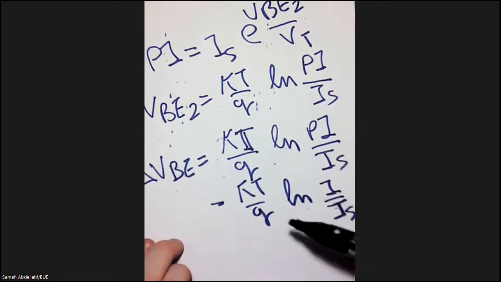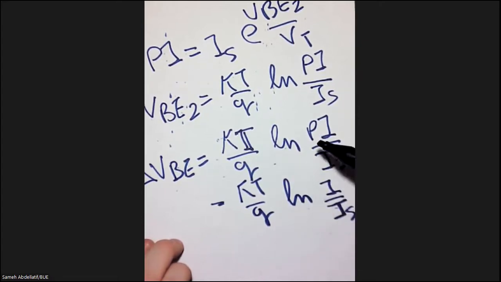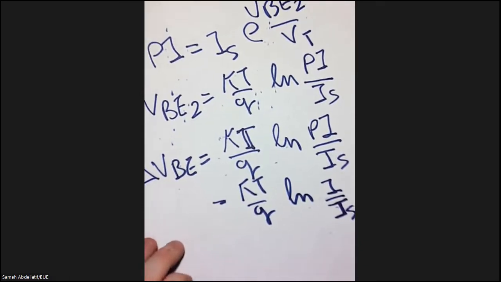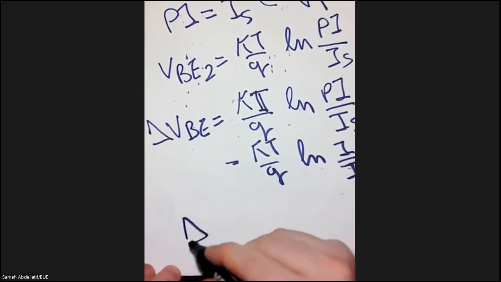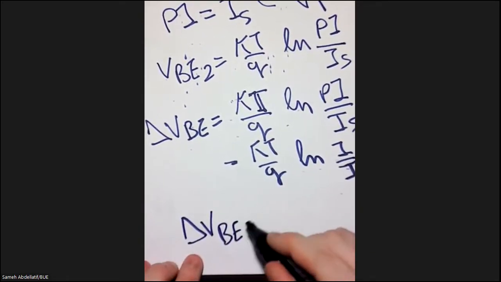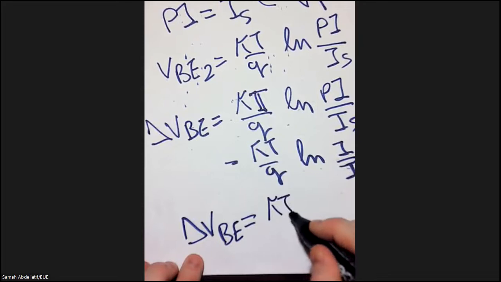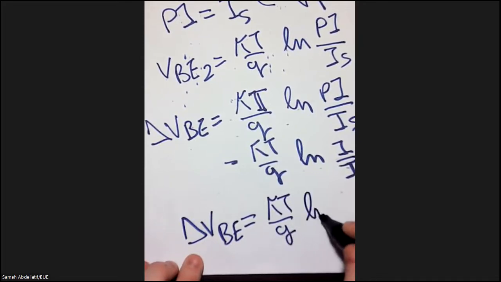As you can see, KT over Q is a common factor. Whenever you have two ln subtracted, you can make it in terms of a ratio. So you can reach a general formula: delta VPE equals KT over Q ln P.